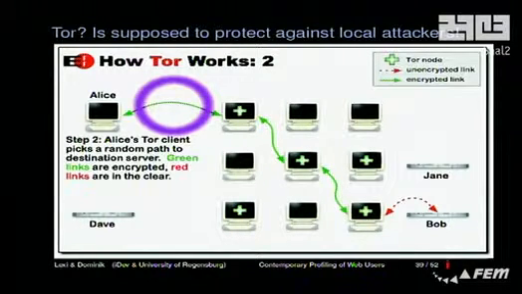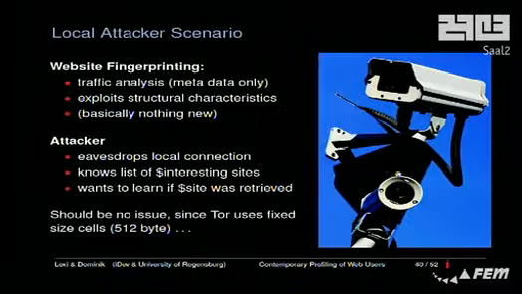So Tor is supposed to protect us against local attackers. That's why many people are using it when they are in a foreign network in order to protect their privacy. Now, we're going to show you an attack which might question this statement.